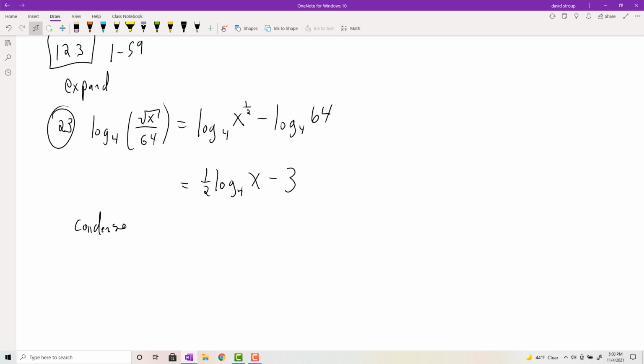The other side of the coin is to condense. So looking at problems like 57, 3 ln x plus 5 ln y minus 6 ln z. So you want to rewrite this as one log without something in front of it, right? Without a coefficient. So first I'm going to use a power rule to bring the exponents in.